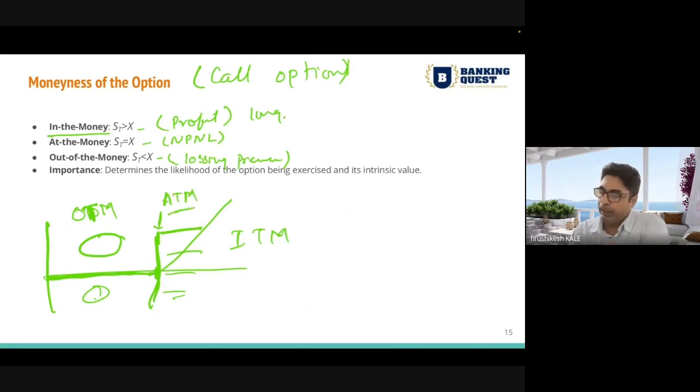Now, please understand that at this point you have the exercise point, which is also called the strike price.